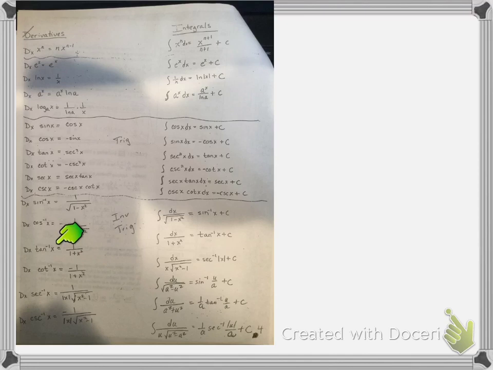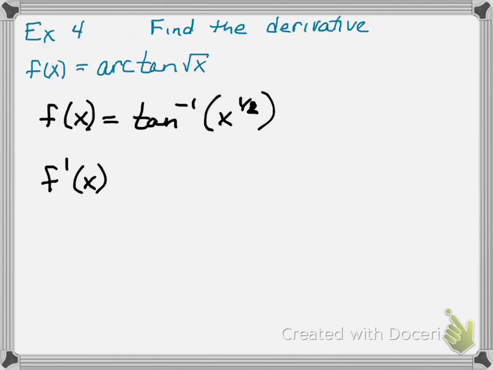And whatever you have here will be squared right here because it says x squared. So if I have a square root of x, down here I'm going to have the square root of x squared. And then, because this is more complicated than an x, I will have to multiply times the derivative of that as well.